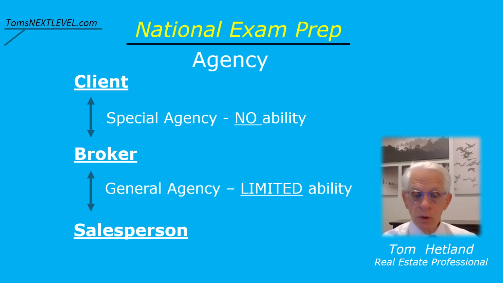So you have a limited ability to bind your principal. And remember, your one and only principal is always the broker. So that's a general agency relationship. If that helps you understand the distinction there, I hope so. Watch out for that on the test. Special agency, general agency. And on the last slide, it said the universal agency was an unlimited ability to bind a principal.